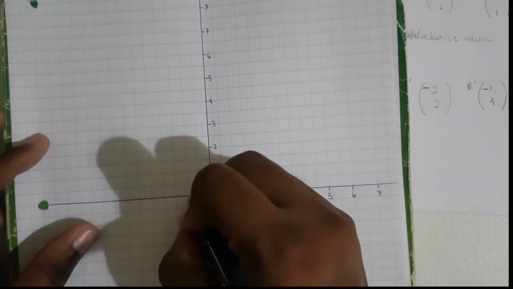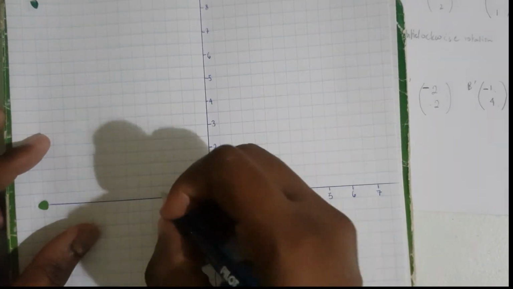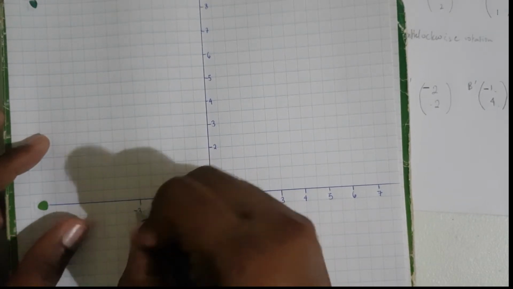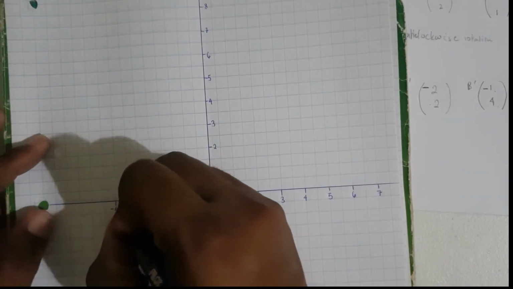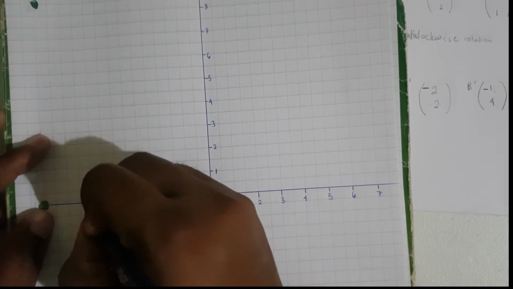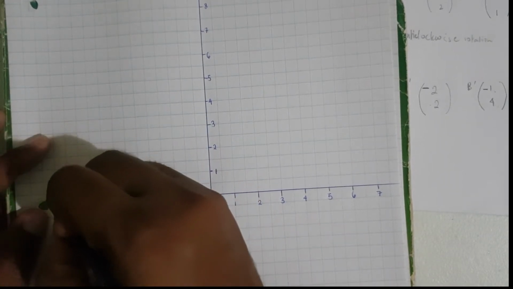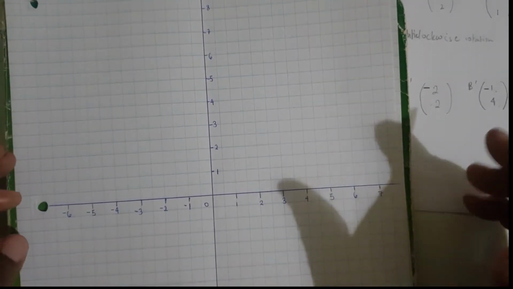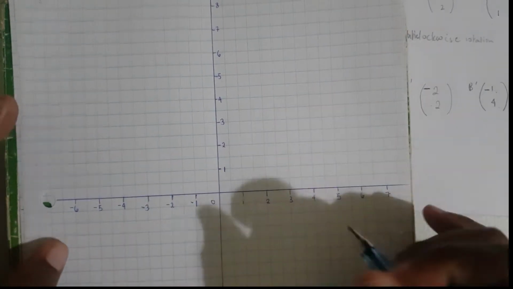Same idea across here. This will be -1, -2, -3, -4, -5, -6. Okay, so you continue marking it out.